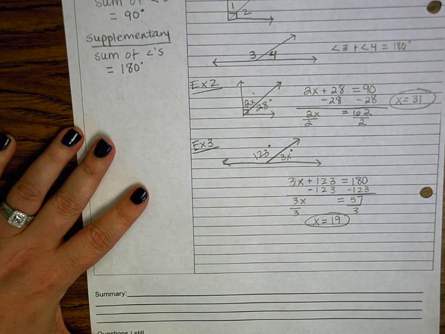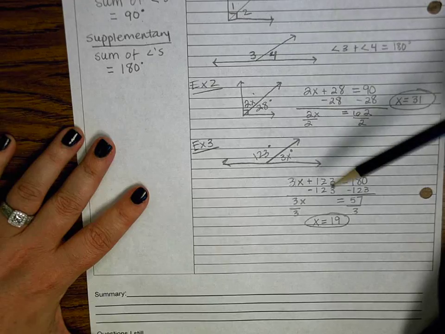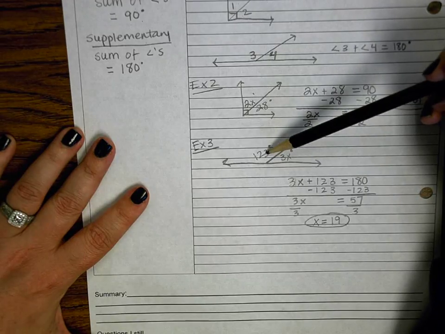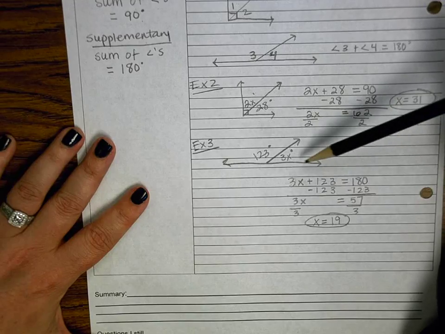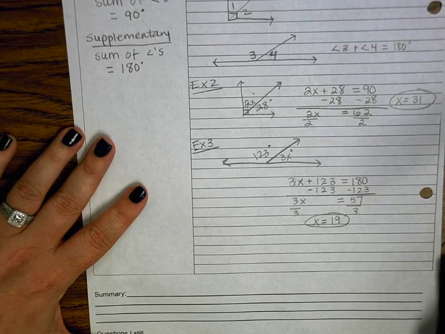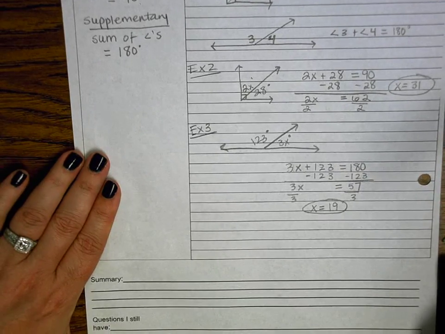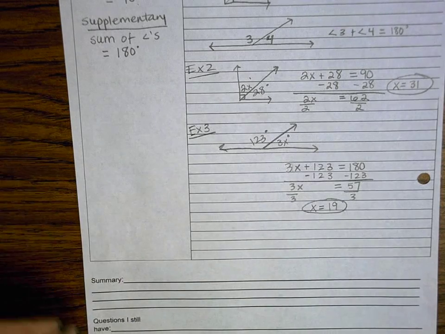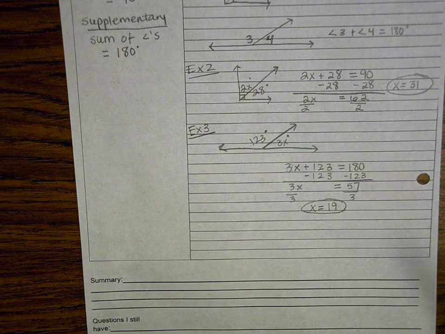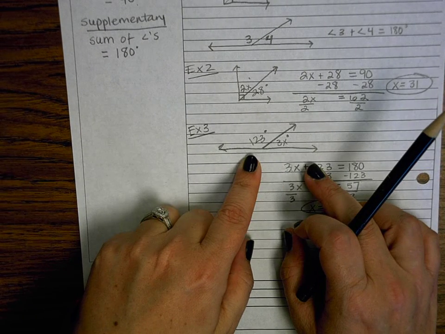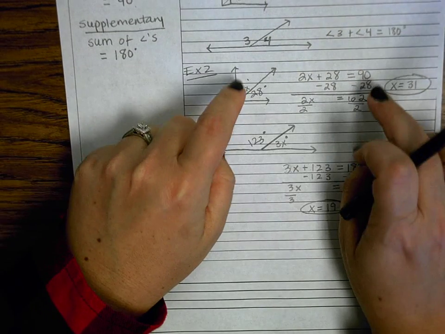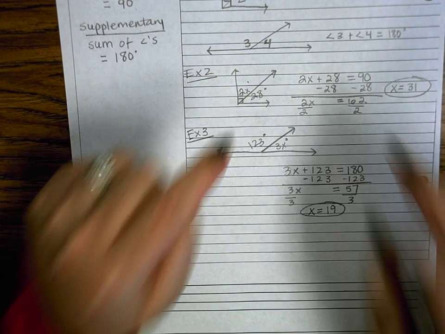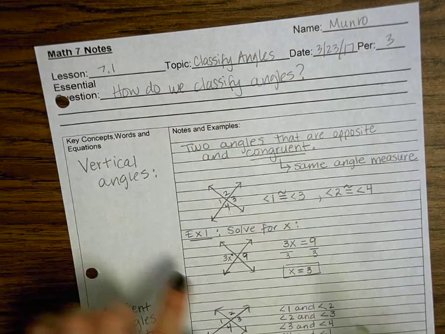Again, you could just skip the two-step and in your head do 180 minus 123 if you're good at that, and you know it's 57. From there, you could divide. A lot of these problems you'll start to see shortcuts. So there's 3 types of problems we did, just to recap. We did the supplementary, the 180. We did the 90, which is complementary. And when you flip it over, you'll see we also had to solve the vertical in example 1.